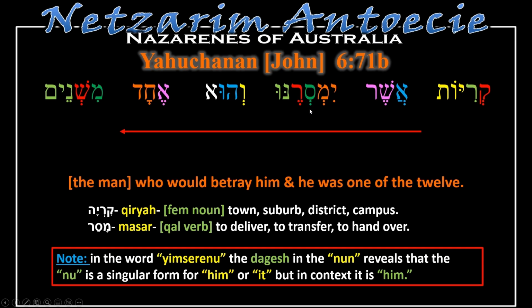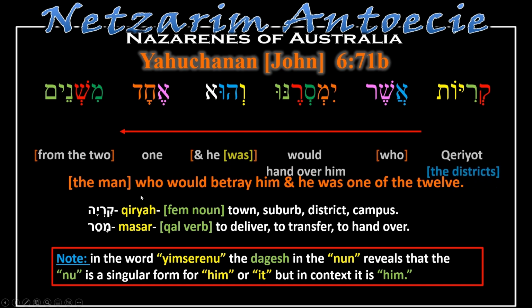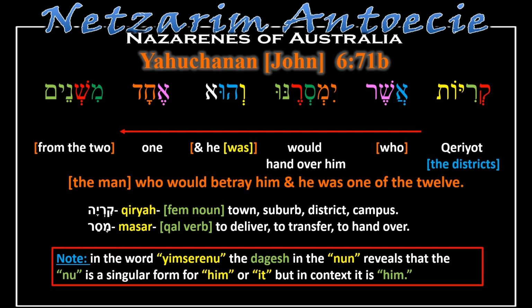That's why it's yim-se. So it's a short E sound, se. Whereas this one has no E behind it because it's a closed syllable, yim. Se, re, nu. Right, and so the translation is the districts, Keriot, who would hand over him, and he was one from the two.